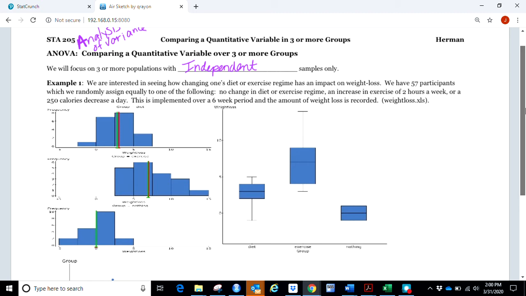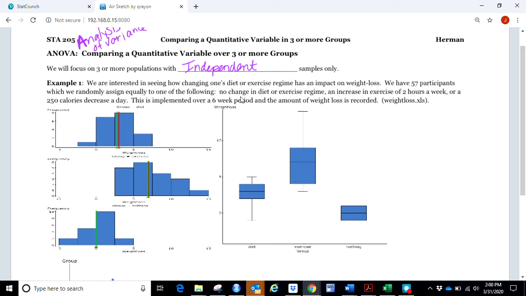To understand how this is going to work, we're going to start by investigating an example and doing some descriptive statistics of what we've already seen in previous modules. So here we're interested in seeing how changing one's diet or exercise regimen has an impact on weight loss. We have 57 participants, which we randomly assigned equally to one of the following groups.